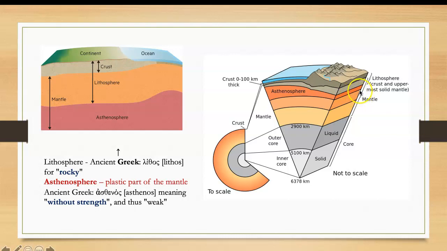And then there's another layer of mantle, but as far as we know, this part is not as soft as this part. So this part is vitally important. It is flowing around all the time. It's liquid, plastic. And then this is a different layer of mantle. And this is the core.